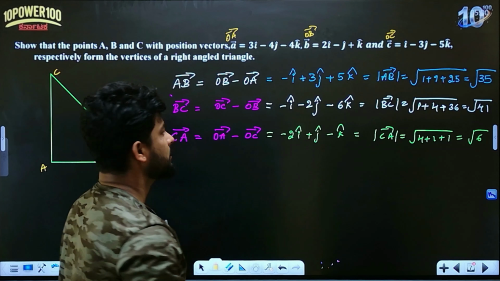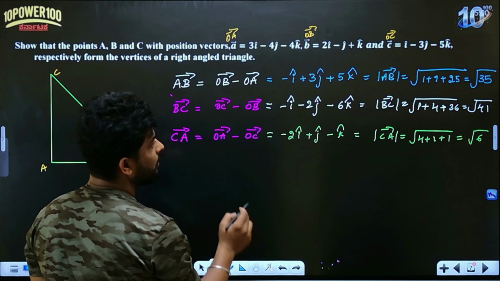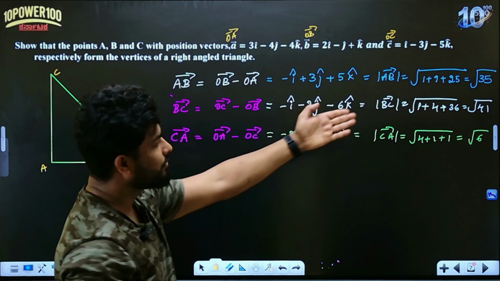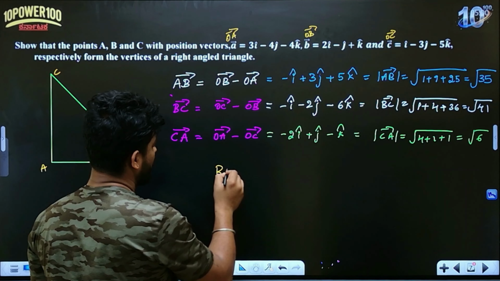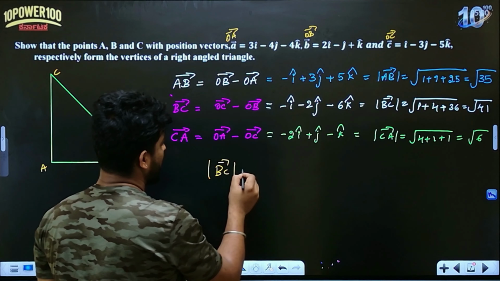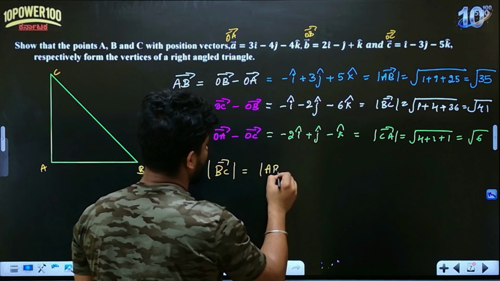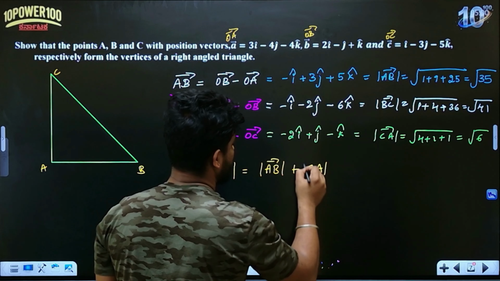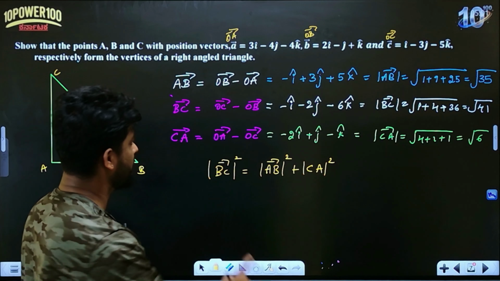Next, here we got root 35, root 41 and root 6. Which is the biggest? Root 41, so take it on the left hand side. Magnitude of vector BC is equal to the other two, you just add them up. So this is vector AB plus vector CA squared.